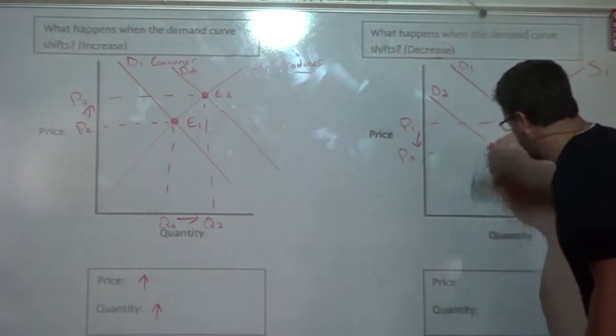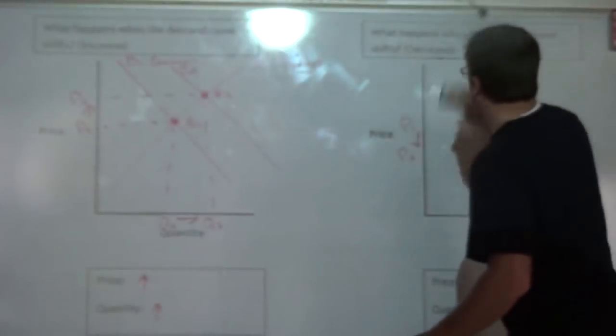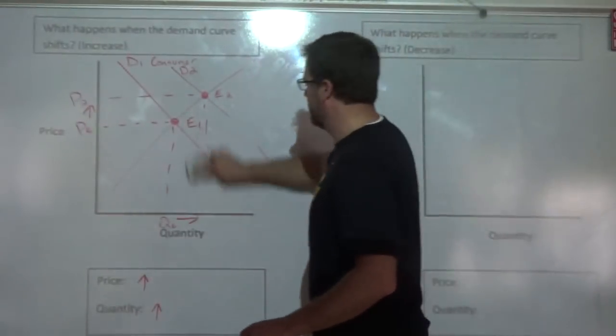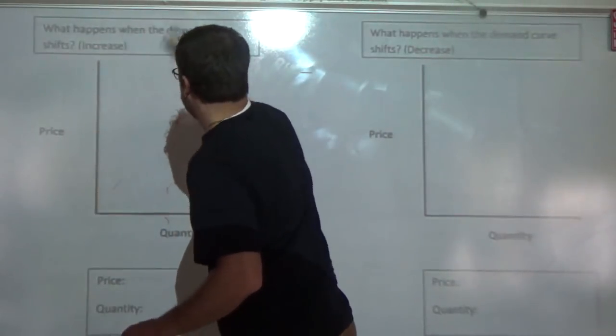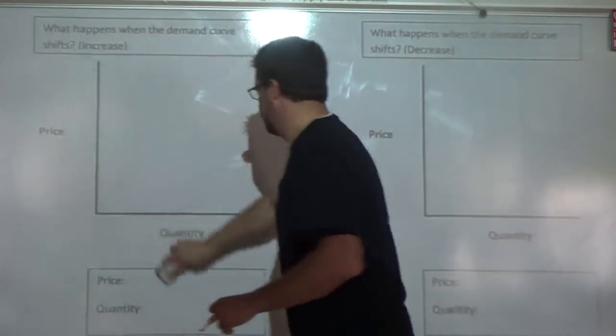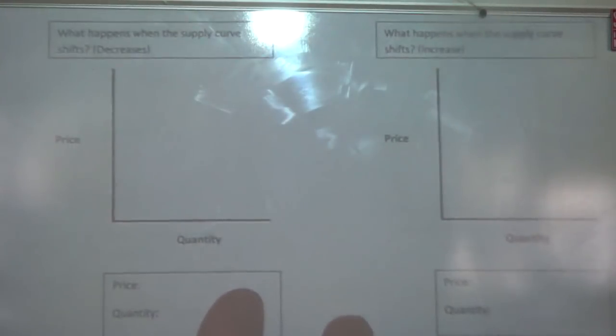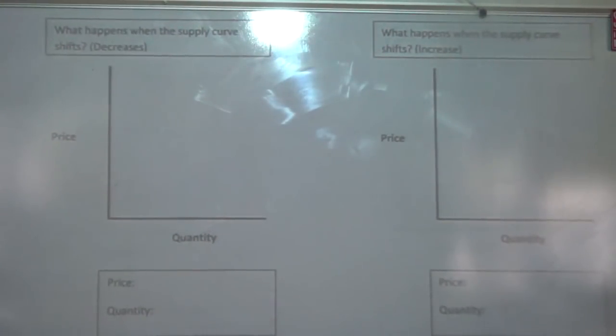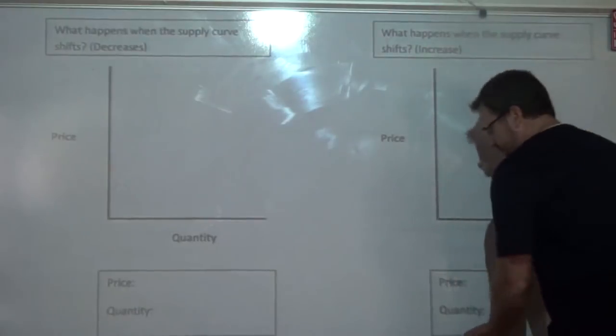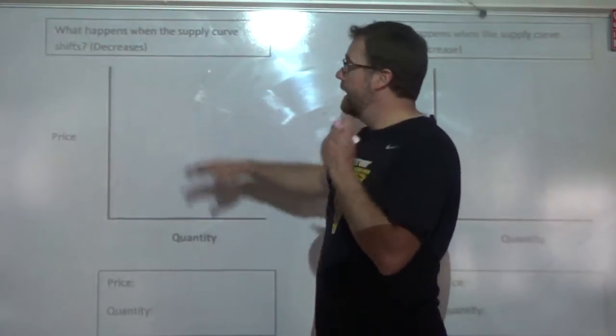Okay, let's go ahead and erase this. And I'll slide up the sheet so you guys can do the next two with me as well. Alright, so same concept here, we're shifting the supply curves now.